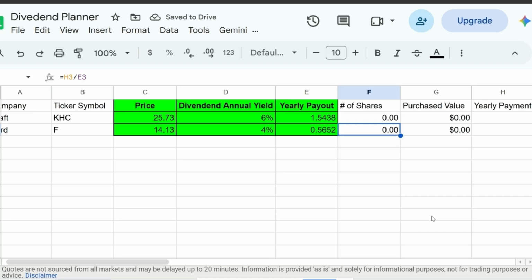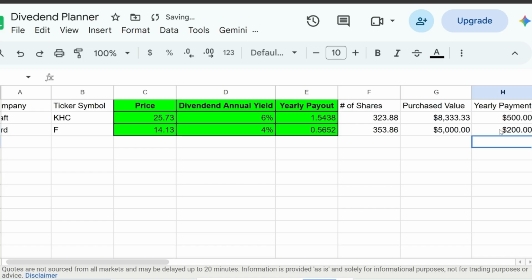let's take an example. I want to make $500 from Kraft and 200 from Ford. So what this planner is telling me is in order to make 500 a year from Kraft, I'll need to buy 323 shares of Kraft. That's going to cost me a little more than $8,000.